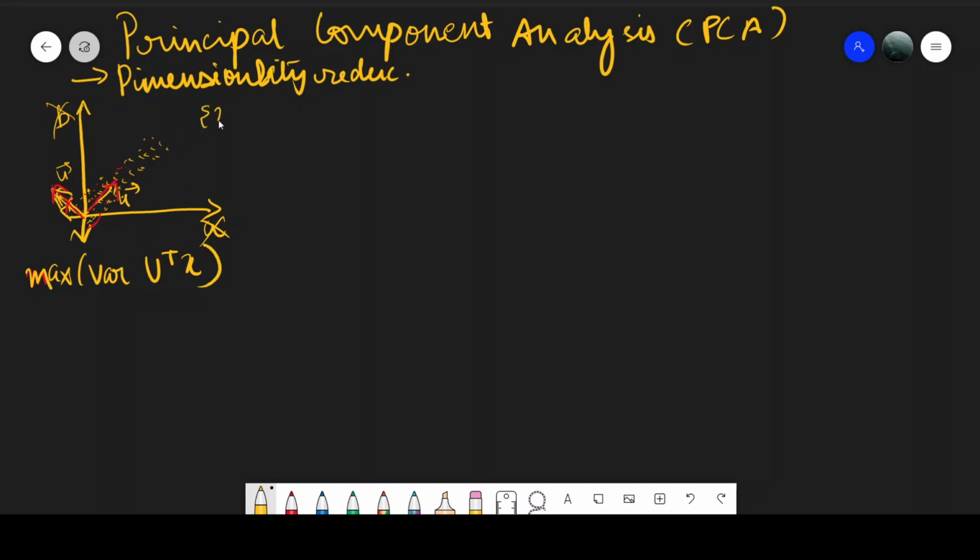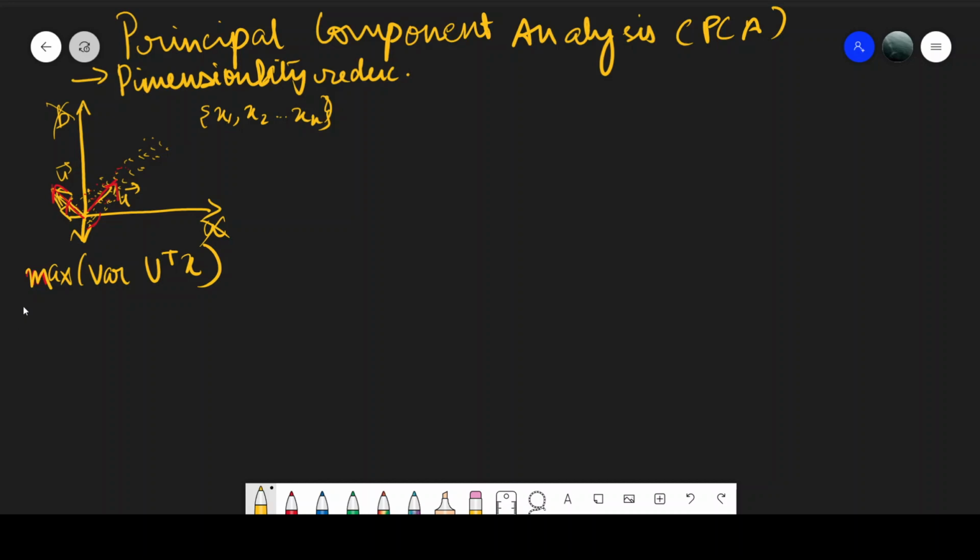So if I have data points, let's say that they are data points x1, x2, all the way to xn, all right? And their projection on the vector U will be U transpose x. That's from linear algebra. So this becomes my optimization problem.